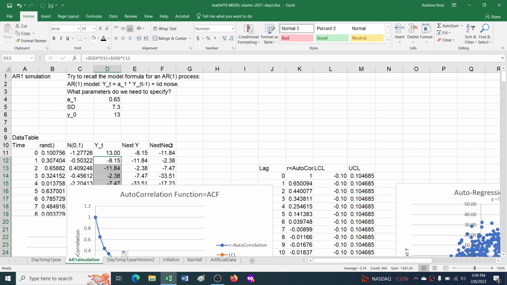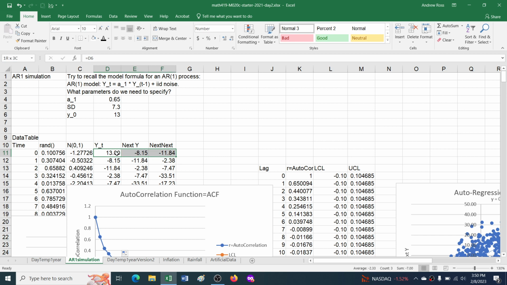And I've got some of my old analysis methods here. Let's go and investigate this normal noise. So I've got a uniform random between 0 and 1, and then I'm using the normal standard inverse function. Again, this isn't the best way to generate it in industrial situations, but it's good enough for classroom situations in Excel. And same formula there. So I've got my y_t and my next y_t.